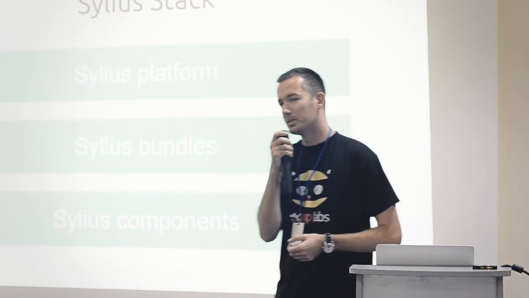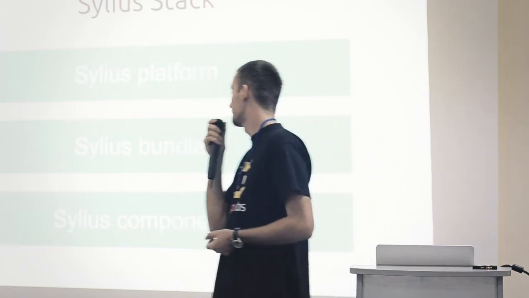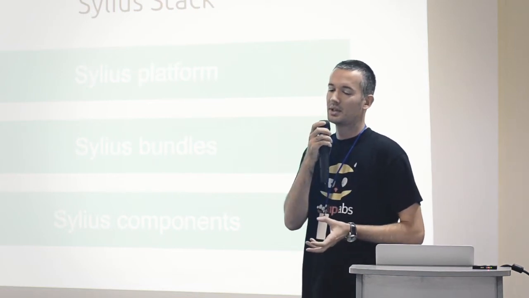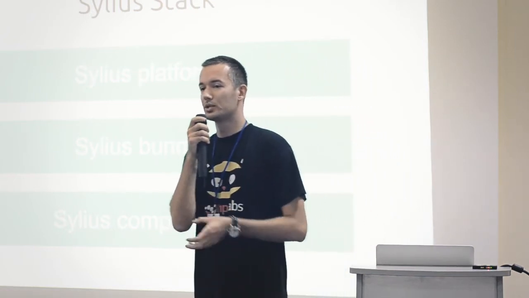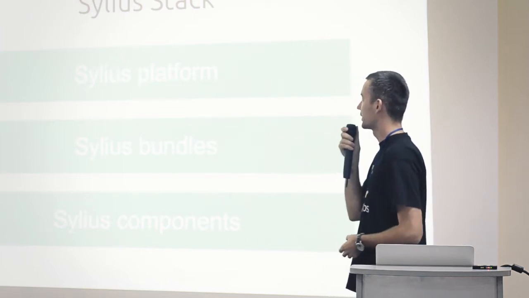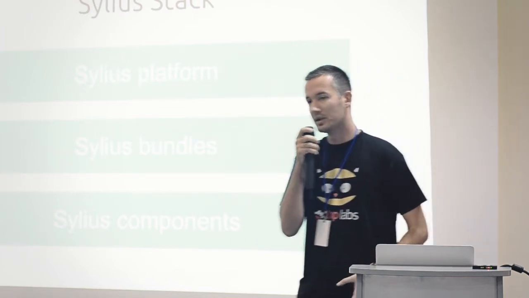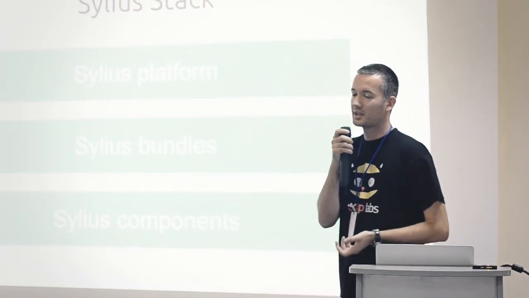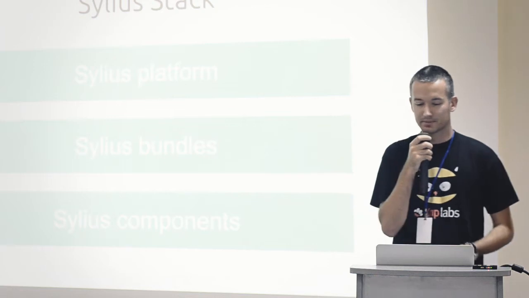So you can build simple CRUD on it. And on top of that, there is the Sylius platform, which is a complete e-commerce solution that you can use. It's a fully functional application that is a glue above all the components and bundles, wrapping them together and creating a web shop that works out of the box.